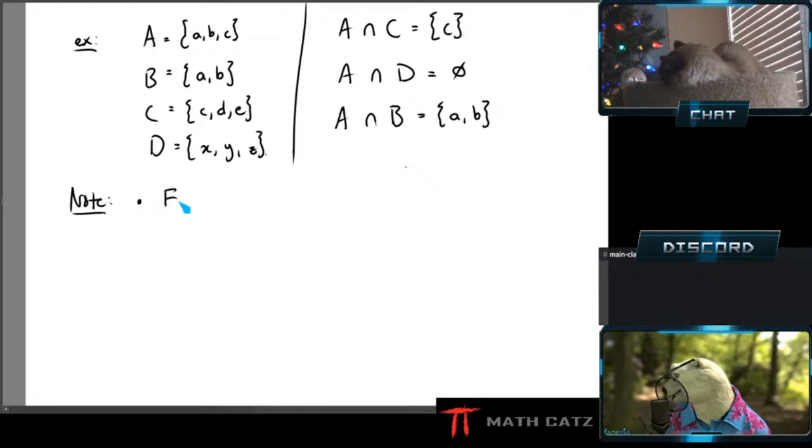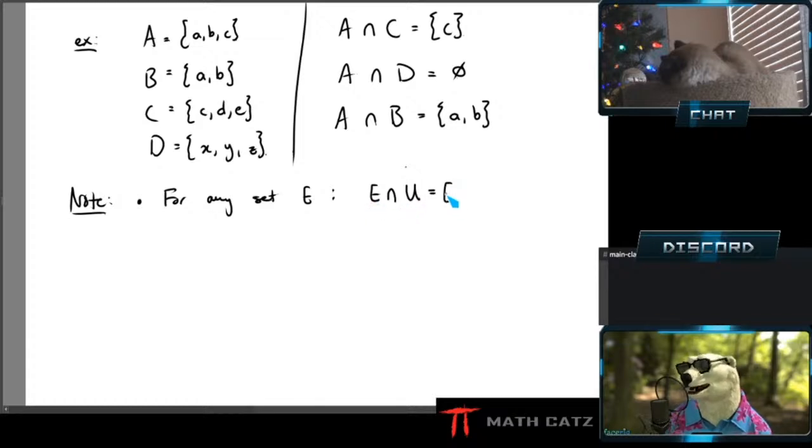First thing here, for any set E, the intersection of that set with the universal set, well, it's the overlap, right? But the universal set contains everything. So the overlap will be all of set E because it's necessarily in the universal set as well.